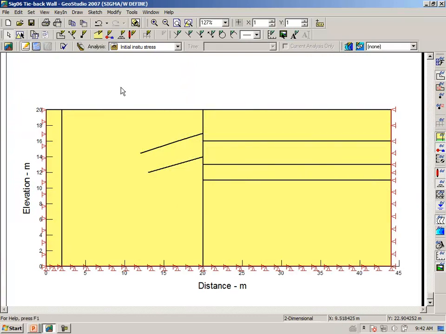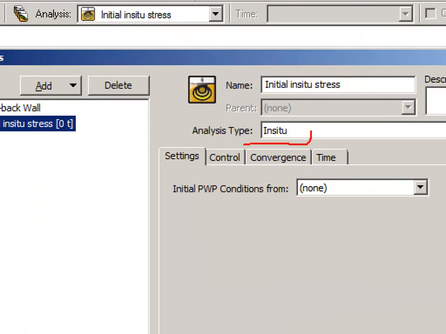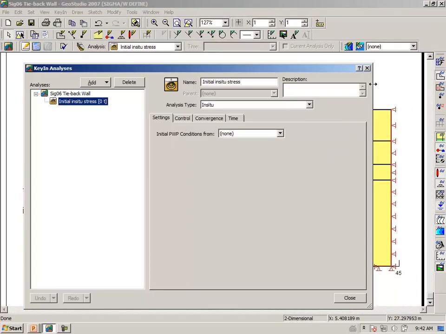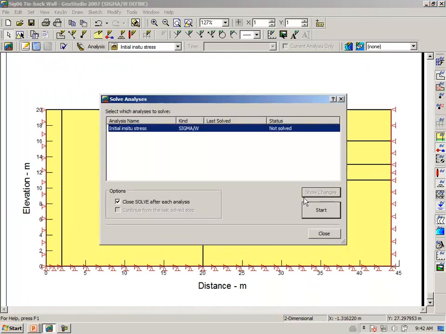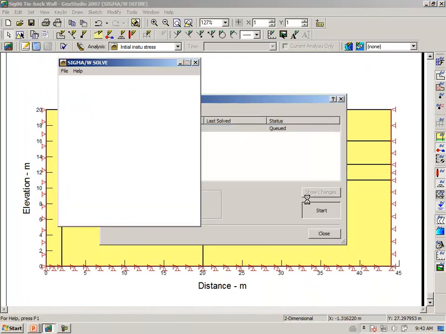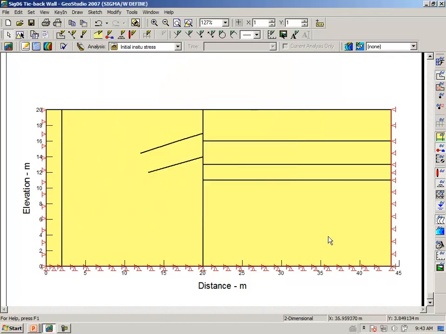the first step under the analysis is to do an in situ analysis, and you should be getting used to doing the in situ analysis now. Going to solve, we can solve for the in situ stresses.